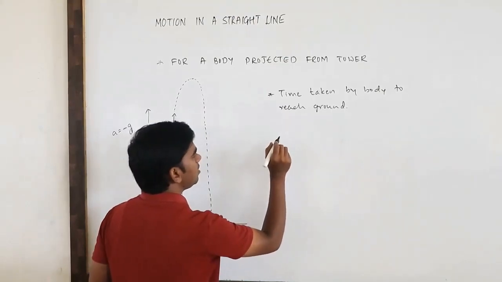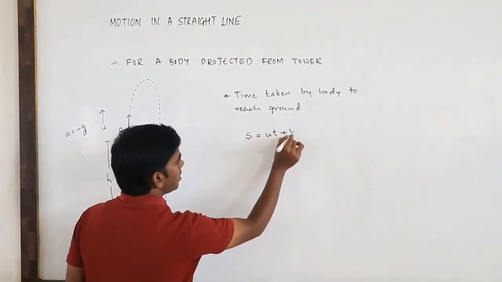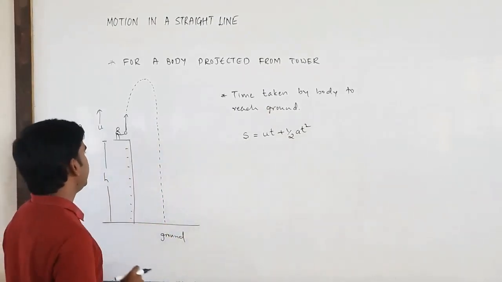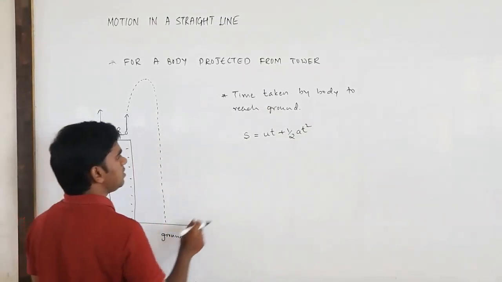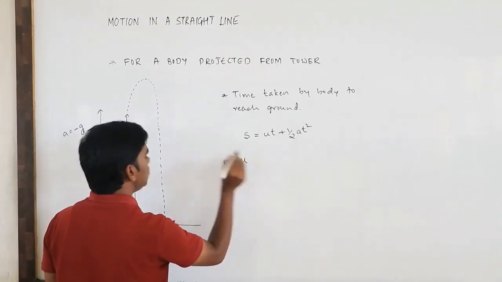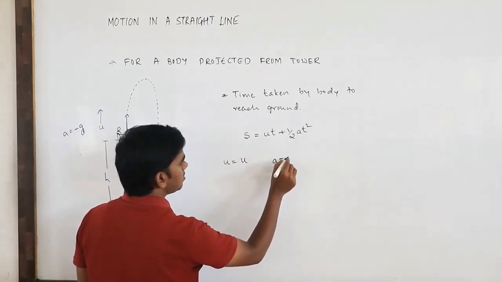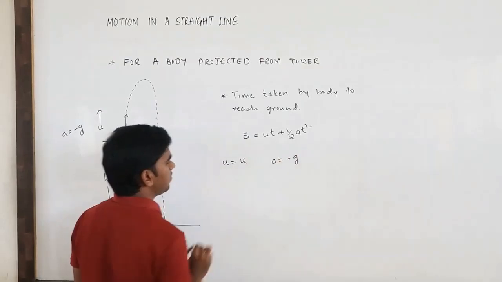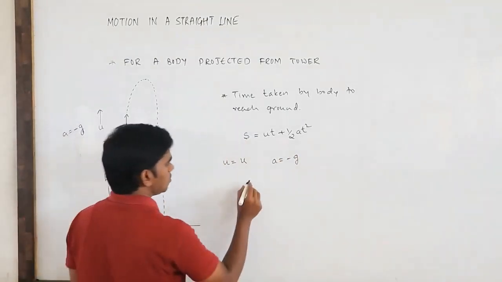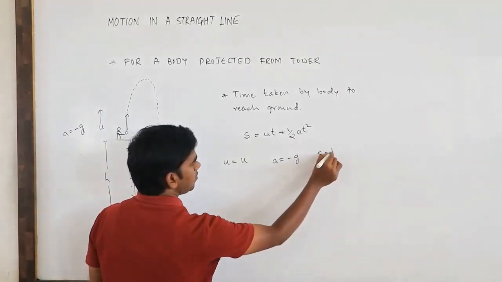To calculate time, you can use s equals ut plus half at square. It is the normal equation. Here s is the displacement, u is the initial velocity, and a is minus g. s is the height, so we take s equals h.